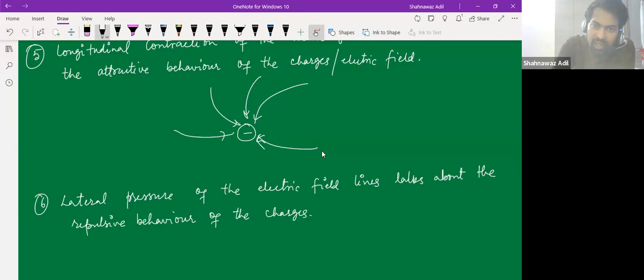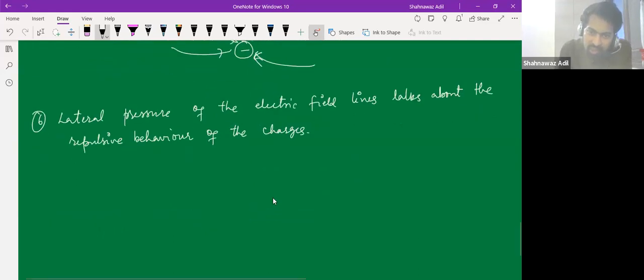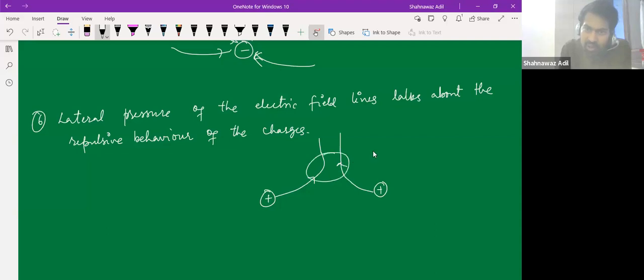So let's say we have a positive charge, and from this one, the electric field lines are going like this. And let's say we have another positive charge, and from this one, electric field lines are coming like this. They will not intersect, right? They will not converge, but they will provide a repulsive force, and this is called the lateral pressure. This shows that they are repelling each other. Repulsive nature they are showing, right?